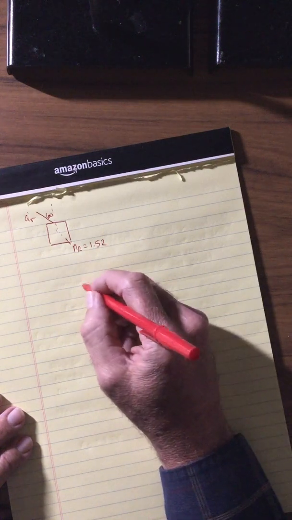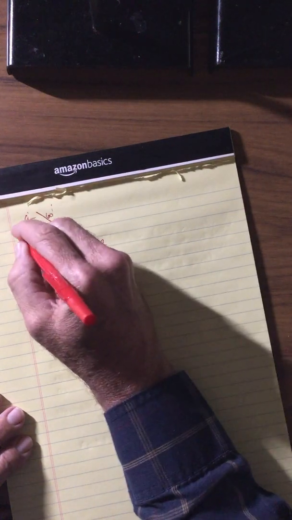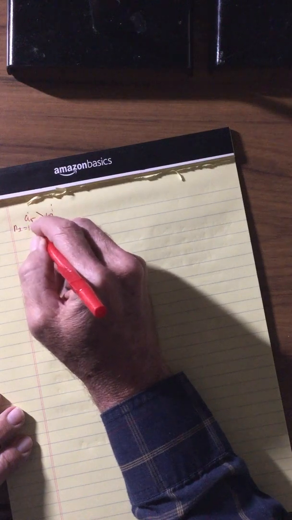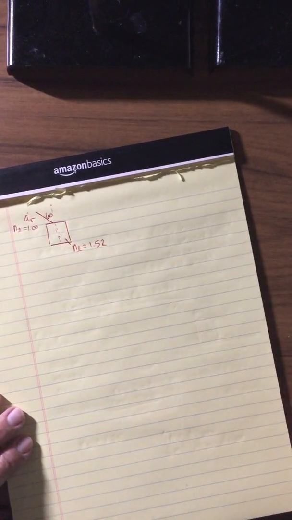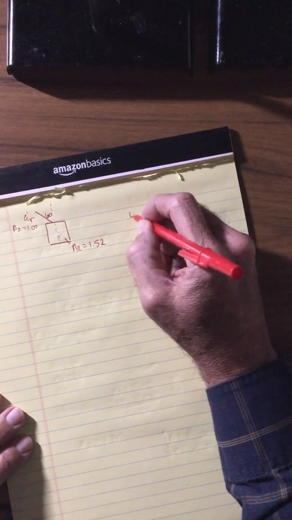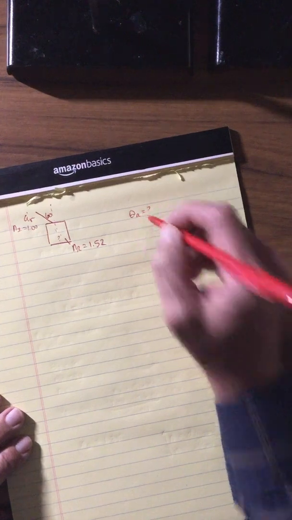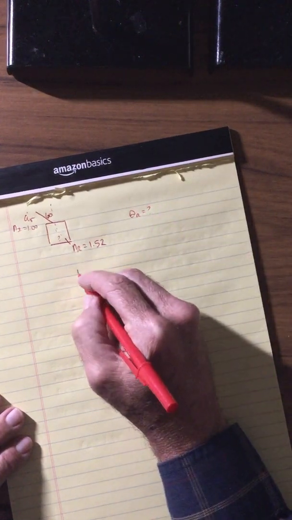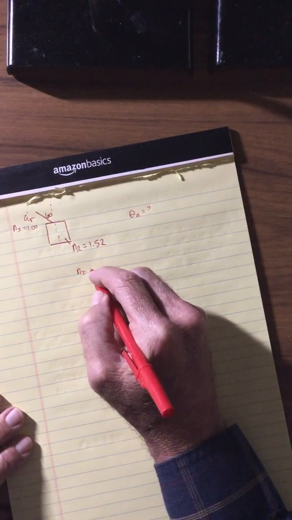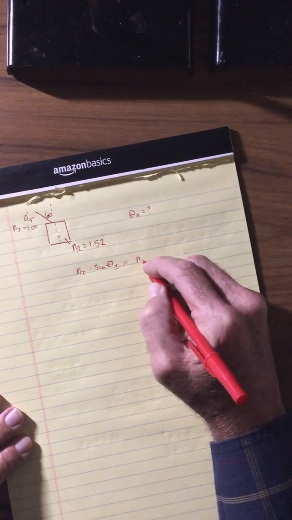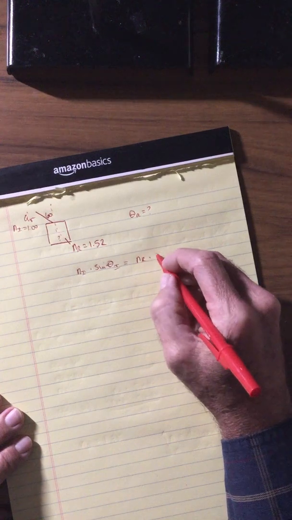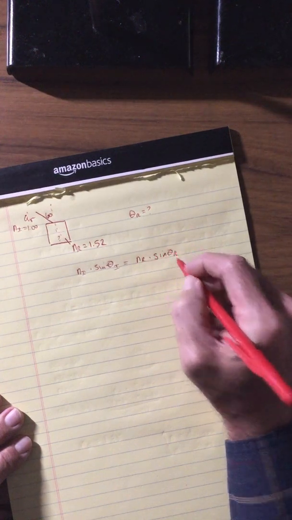Okay, let's go ahead. We have air, and the index of refraction of air is equal to 1.00. We are trying to find the refracted angle, so we're going to use Snell's law: the index of refraction times the sine of the incoming angle is equal to the index of refraction times the sine of the refracted angle.